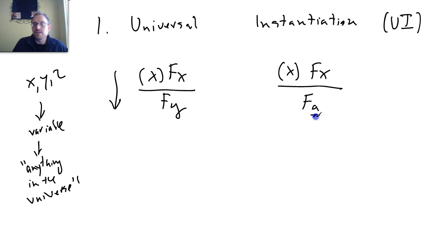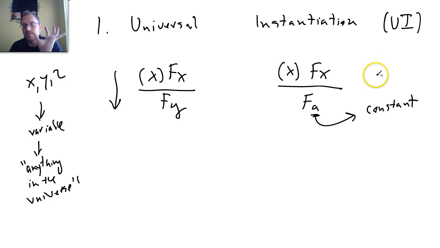The a here is known as a constant, namely because the a here refers to something actual. And here's the critical thing: if I go from here to here, why am I allowed to switch it to a constant? Let's imagine that I said, for instance, all dogs are mammals. That's what this statement means, roughly speaking.